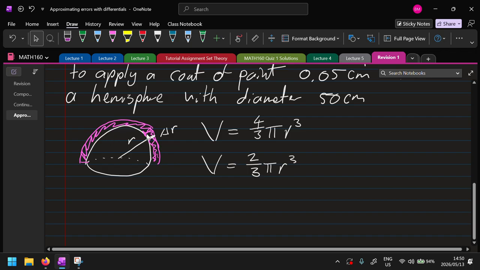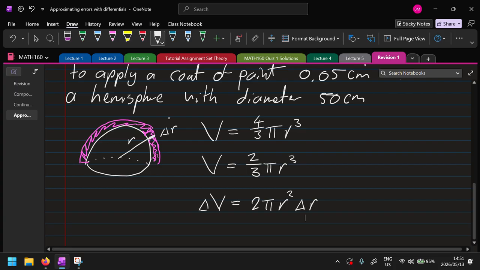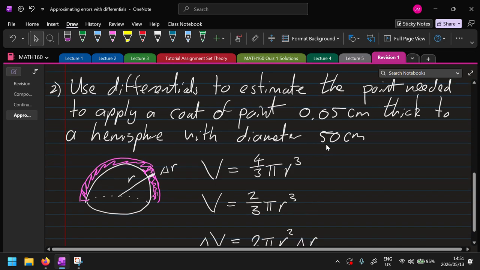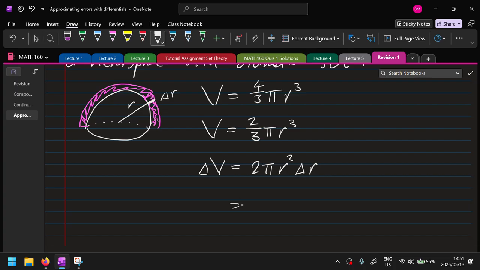So we want this dV, that's the little extra bit that we've added on, delta V. So it will be 2 pi r squared delta r. Right, you just do the derivative. So this is what we know. The diameter is 50. Okay, but here's the radius, so we need to be careful with that.